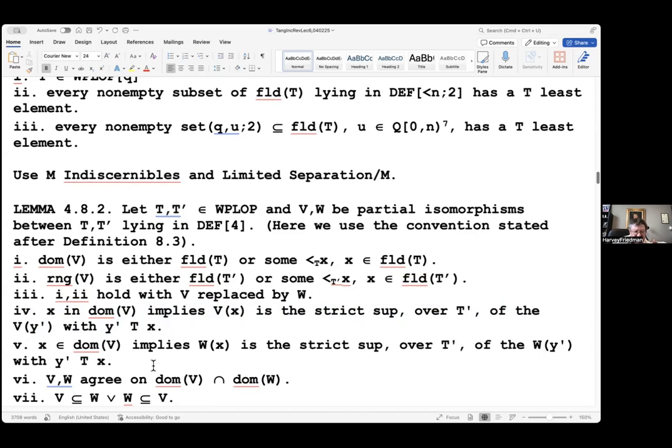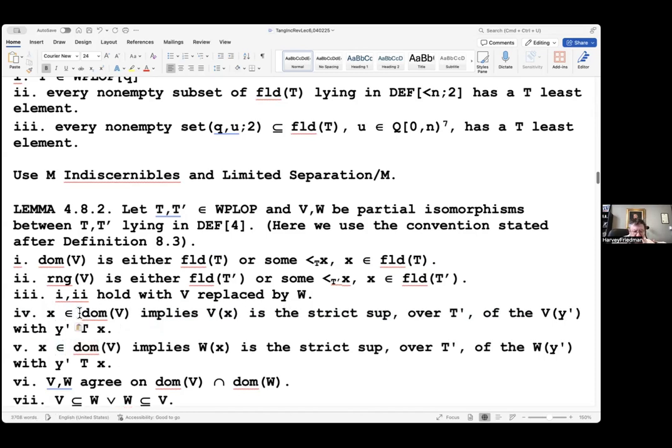If X is in the domain of W, then W of X is the strict sup over T prime of W of Y prime with Y prime T X. I'm just saying the same thing for the second one.